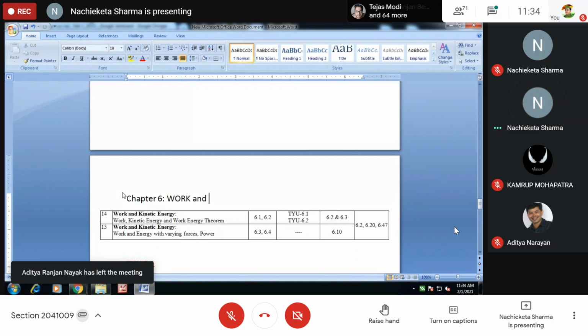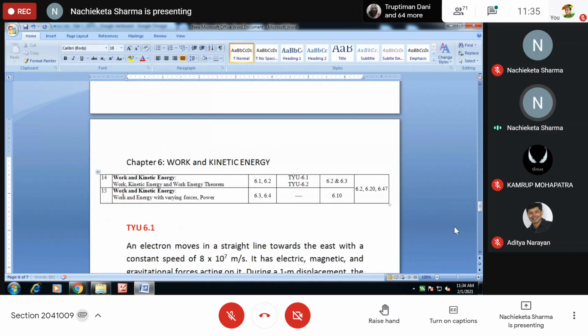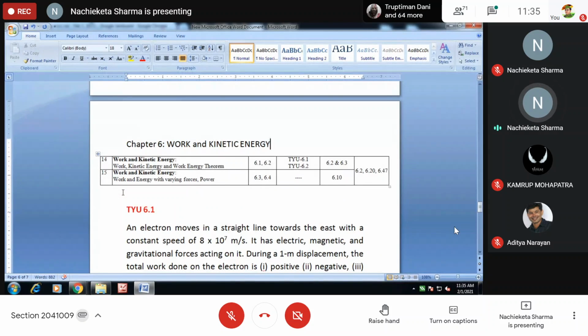Work and kinetic energy. There are 4 topics, very small topics. What is work? 6.1. Then kinetic energy and the work-energy theorem, that is 6.2.